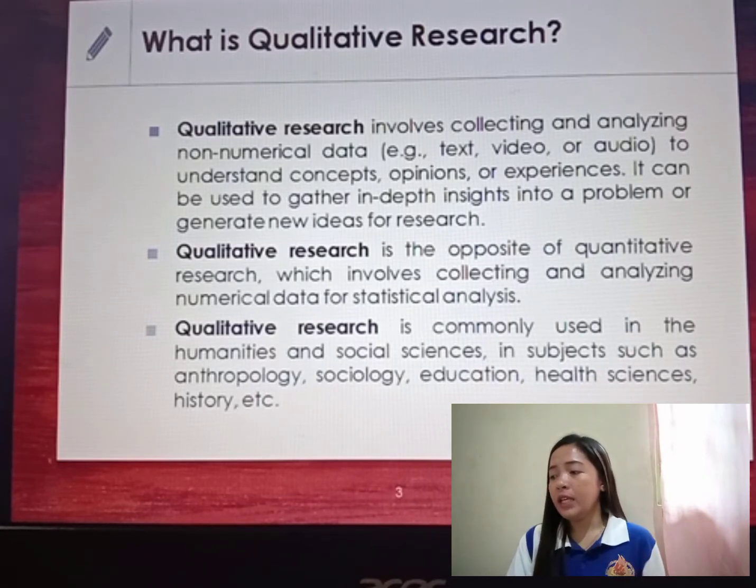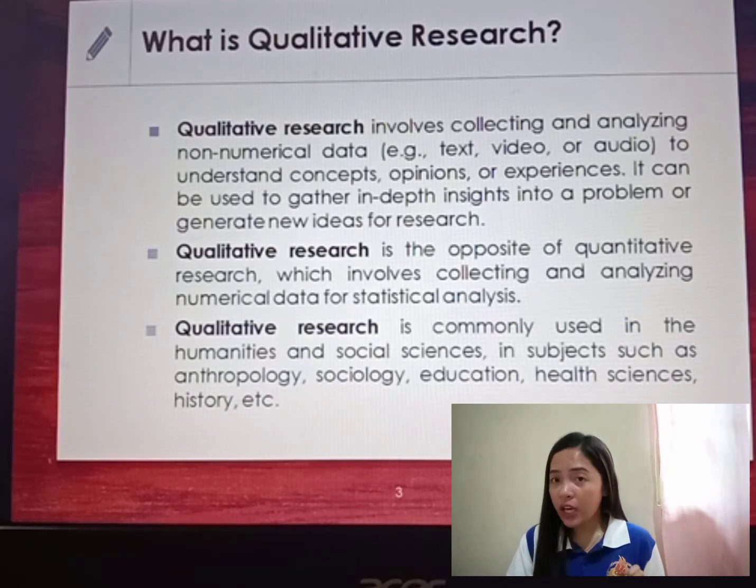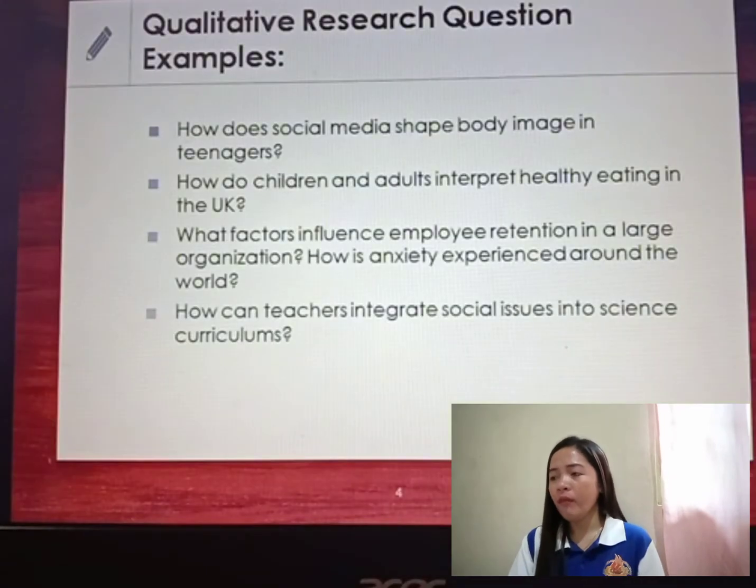And it is commonly used in the humanities and social sciences in subjects such as anthropology, sociology, education, health sciences, history, and etc.